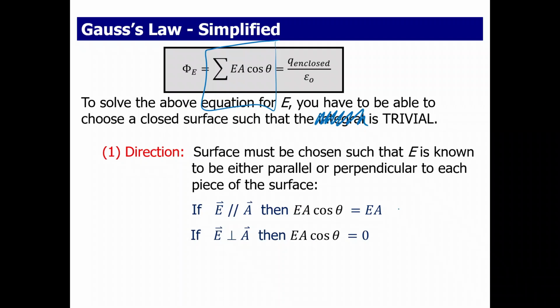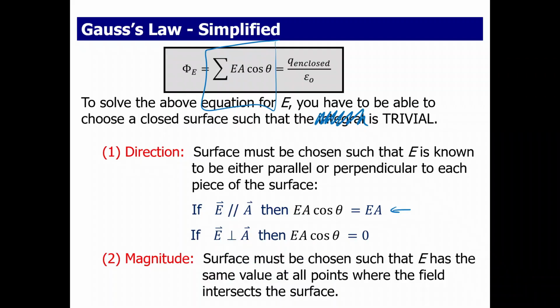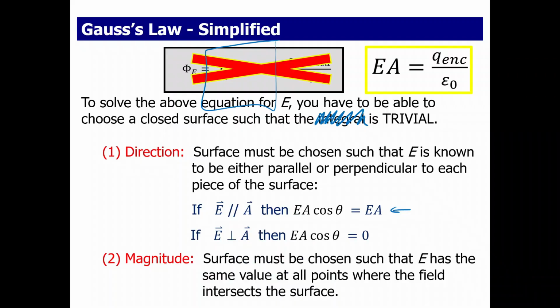So really all we have to do is look at the surfaces where our electric field is parallel to A. And we also have to choose a surface so that the electric field always has the same value at all points. That's sometimes a little trickier to picture. When you do that, this equation simplifies down to EA equals Q enclosed over E naught. And that is our goal, to simplify it down even further.